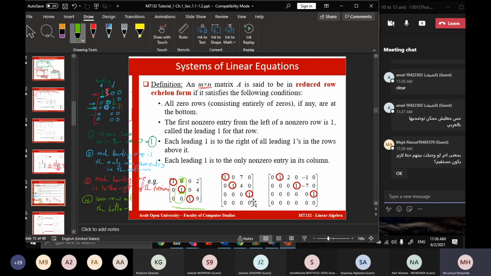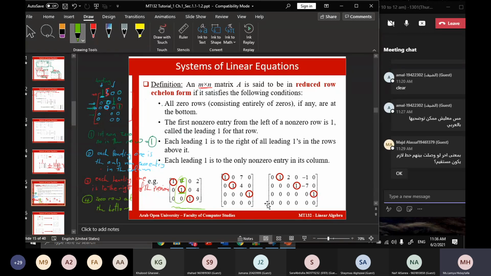No leading one, but all the elements are zeros. So I'm fine. We said either it is all zeros or the row must have a leading one. Is it at the bottom? Yes, it is at the bottom. So all four conditions are satisfied, and yes, this one is in the reduced echelon form.